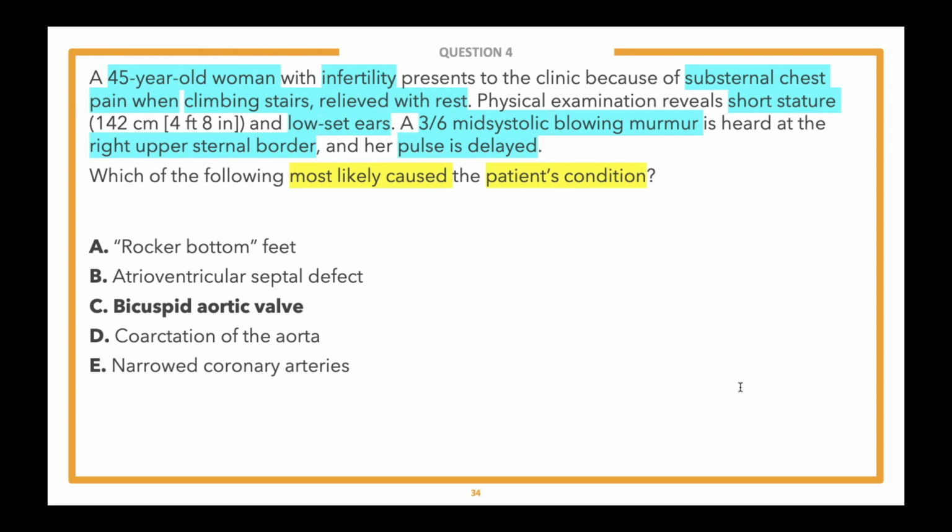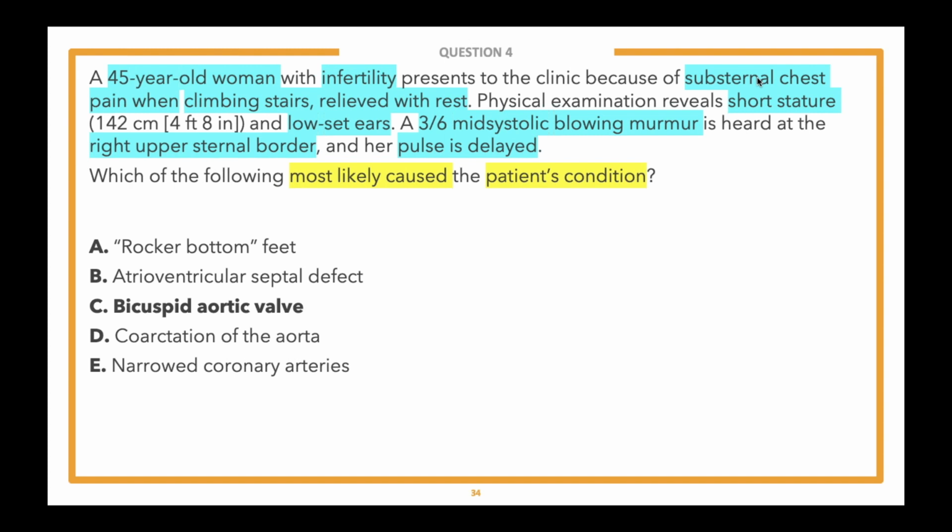We already said this can be a complication of Turner syndrome, but again, the physical exam findings would be different. We would have elevated blood pressure and pressure differences between the upper and lower extremities, and we don't really have that. And that wouldn't explain the aortic stenosis as well.